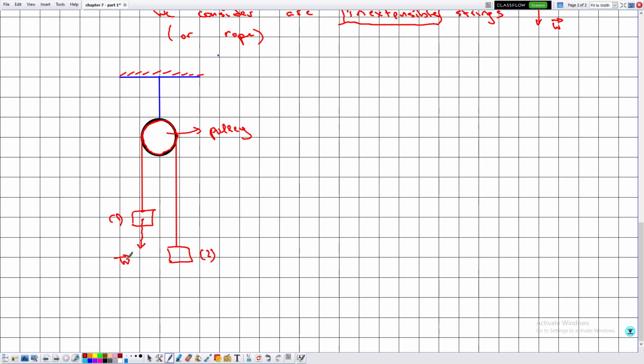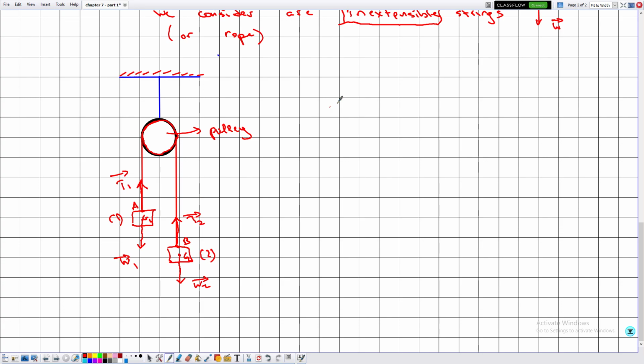So we have W1 acting on object 1, and we have the tension T1 acting also on solid 1. For object 2 we have another weight W2 acting on solid 2, and because we have a string there must be another tension force. Suppose that this is the point A and this is the point B, this is G1 and G2. The tension T2 will be acting at the point B vertically upward like this.